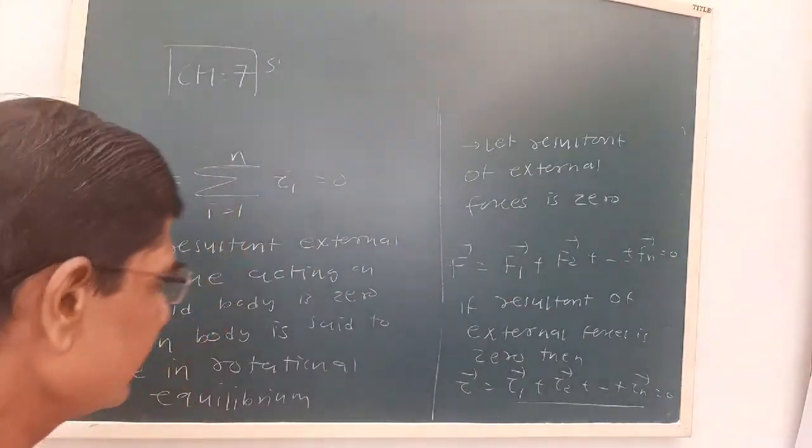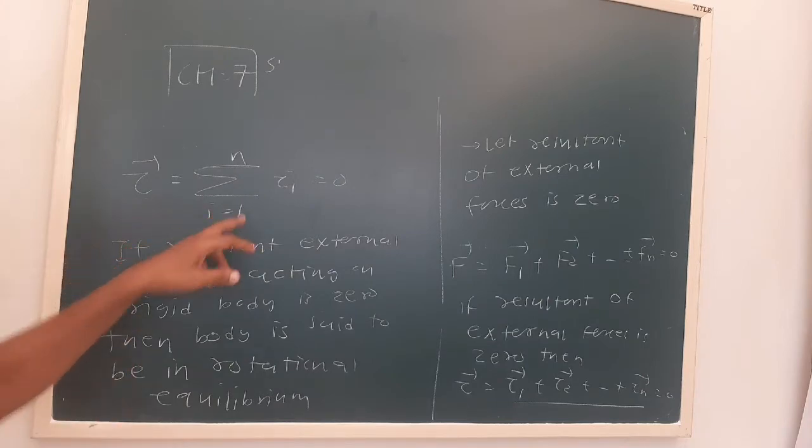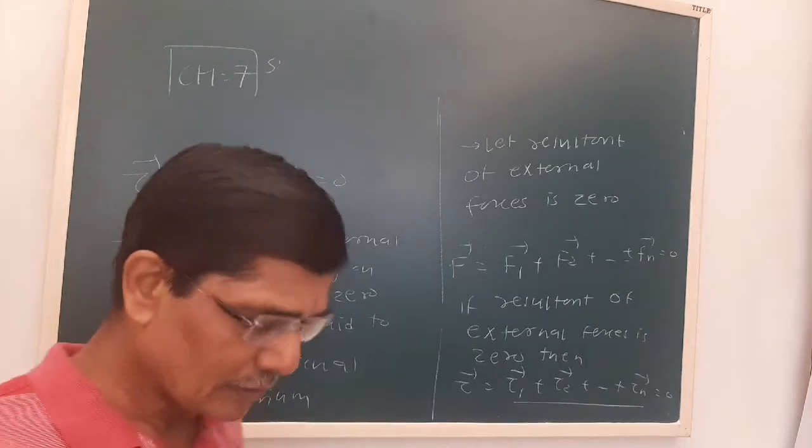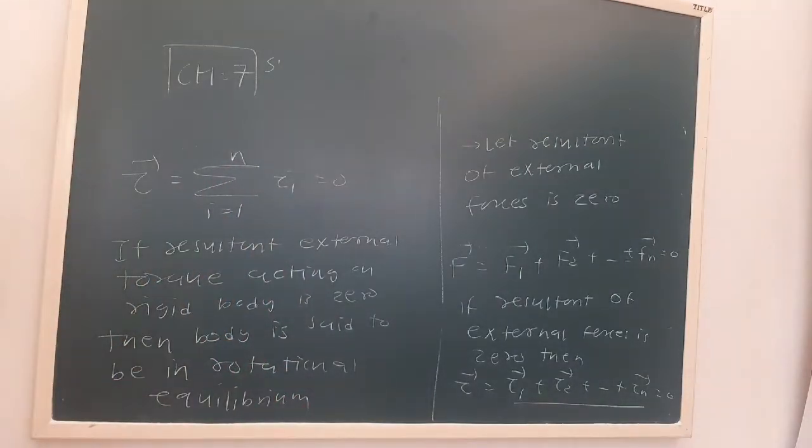And here, when we talk of rotational equilibrium, if the resultant external torque acting on a rigid body is zero, we say the rigid body is in rotational equilibrium. Now this is about rotational equilibrium.